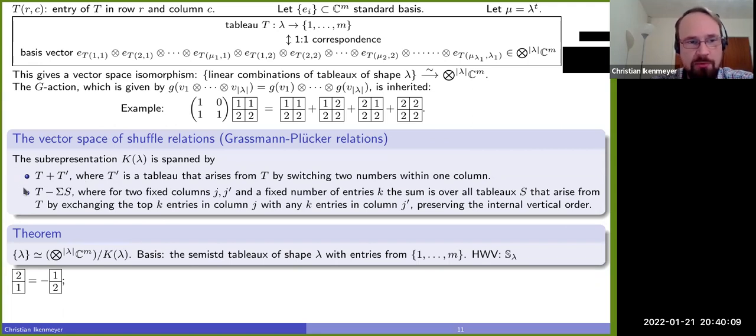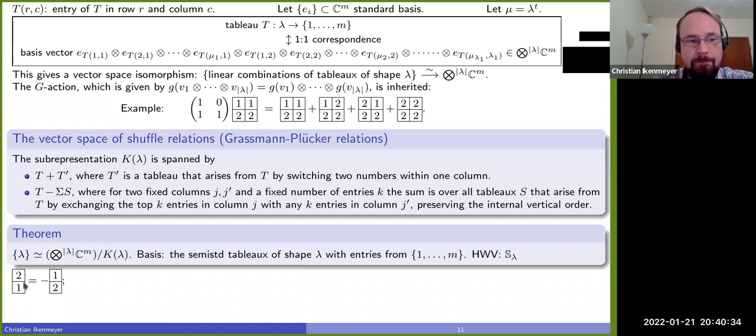It's not so crucial now because I want to first give an example here of why this is interesting. So you take your space of linear combinations of tableaus, and you quotient out this vector space, and what you get, so this is the theorem, is the irreducible representation of the general linear group. Let me give you an example here.